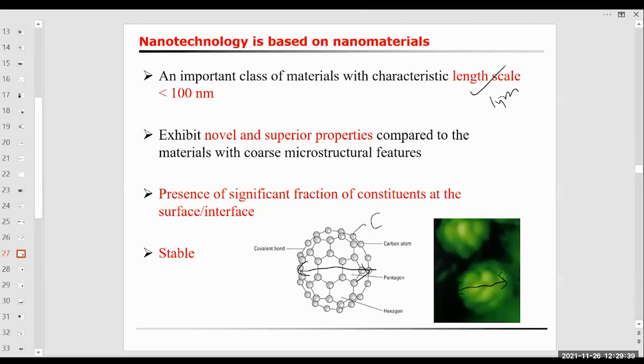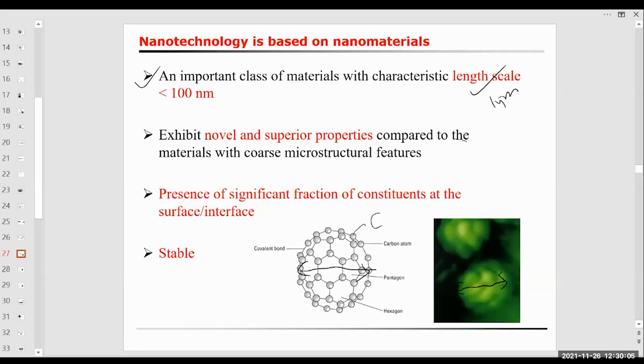Now I have identified the diameter of this material. Let us name it X material, with a diameter of 1 nanometer. So this first point is clear: 1 nanometer is less than 100 nanometers.